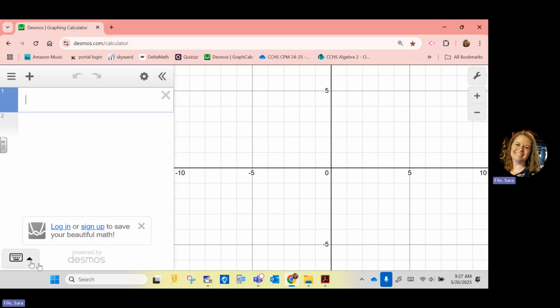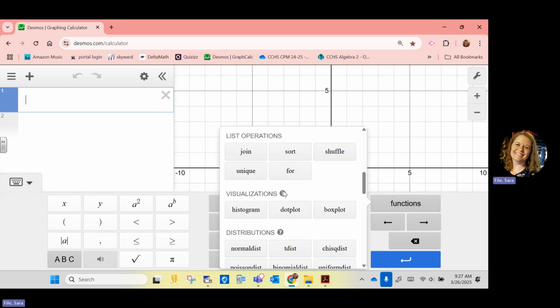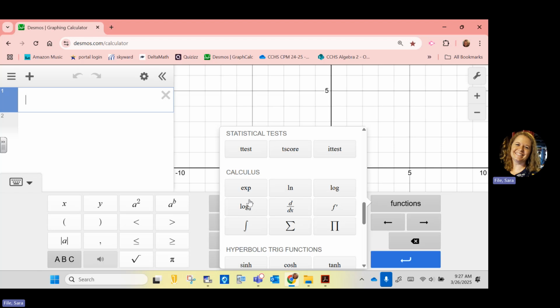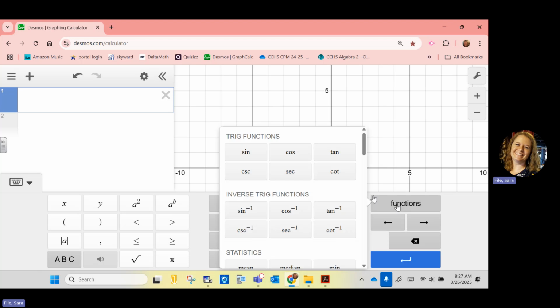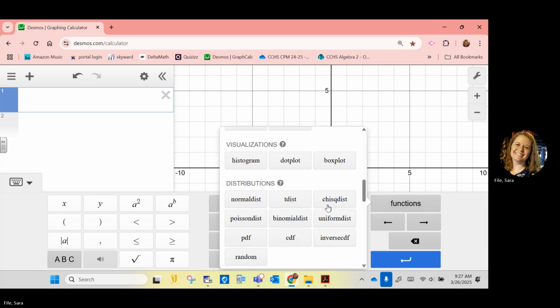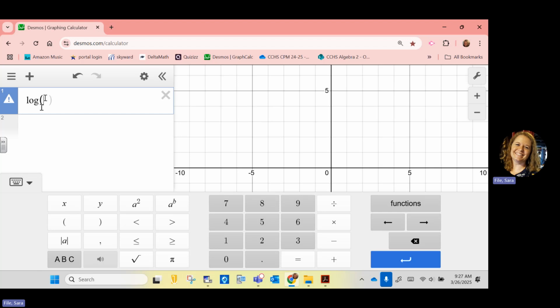If you go to functions, down to the calculus section, there was a log with no base, and then a log where you could type a base. Yesterday we were using this one, but I told you we would talk more about the one that doesn't have a base written. It just takes you right into what you're taking the log of.